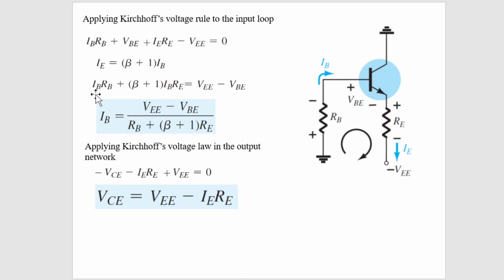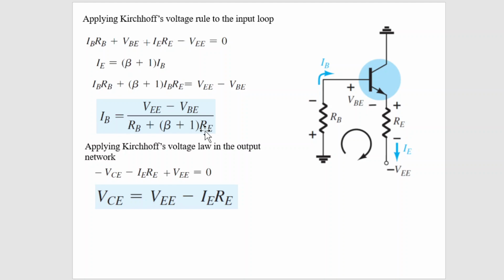So we can find out IB into RB plus beta plus 1 into IB into RE, and this VEE we have taken to this side, and this will become minus. So VEE minus VBE. So IB is common. So we can write IB is equal to VEE minus VBE divided by RB plus beta plus 1 into RE.